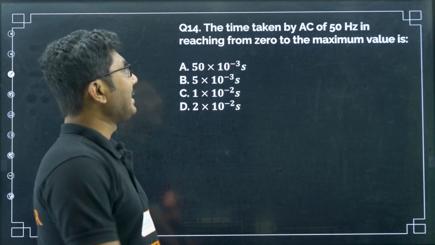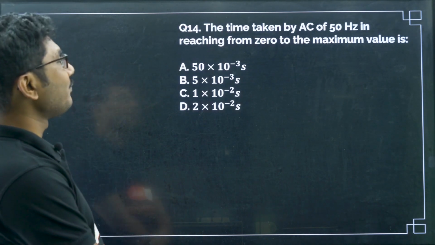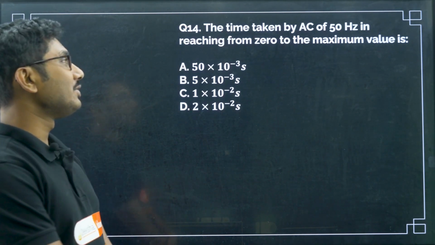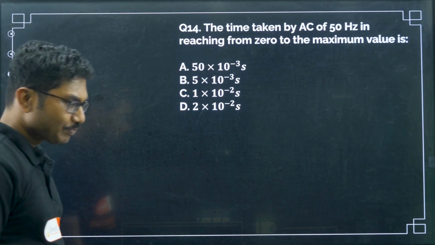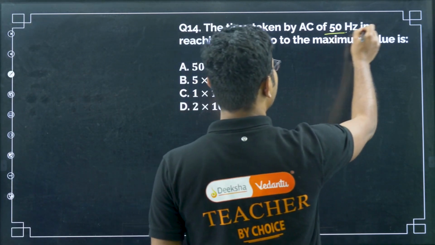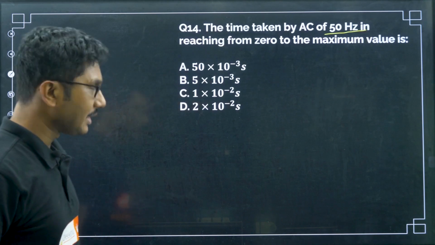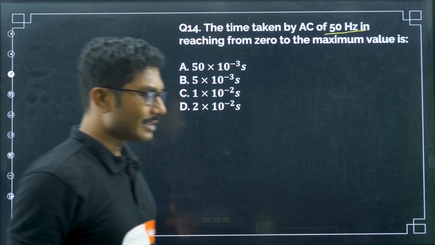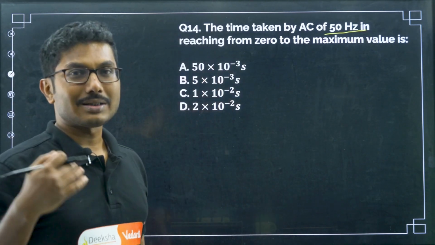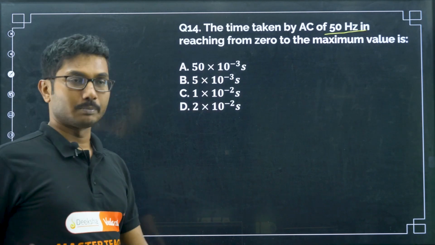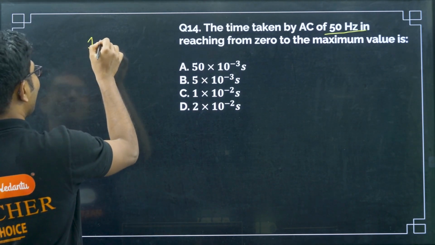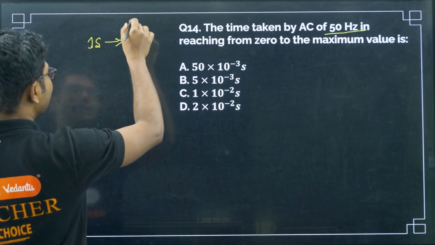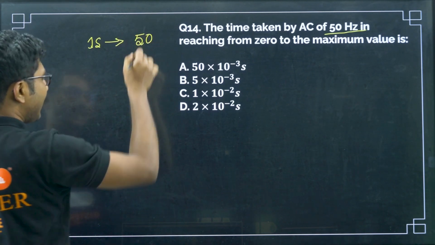Next question: the time taken by AC of 50 hertz in reaching from 0 to the maximum value is? So, AC of frequency 50 hertz. 50 hertz is a representation of second to the power minus 1. So, in 1 second it oscillates 50 times.